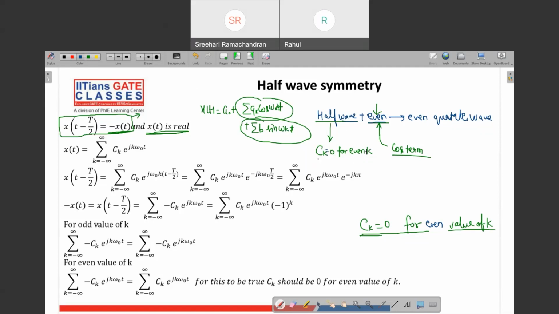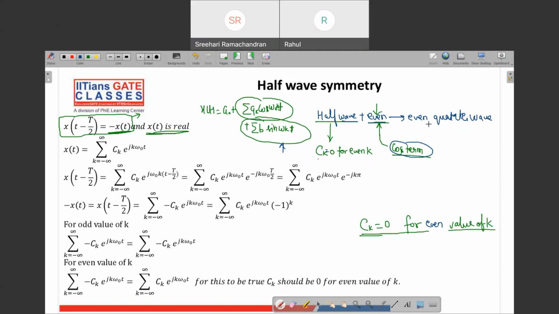So only odd terms are left, and in the odd terms you don't have any sine term. You have only the cos term. So if any signal is even plus half wave symmetric, it will have only the cos term, and the cos term will have only the odd harmonics. It will not have the even harmonics.